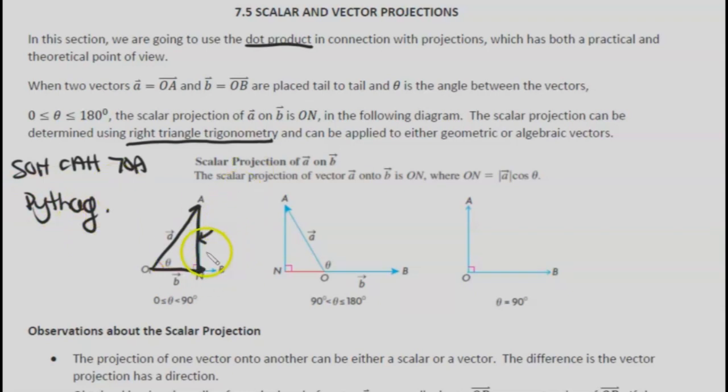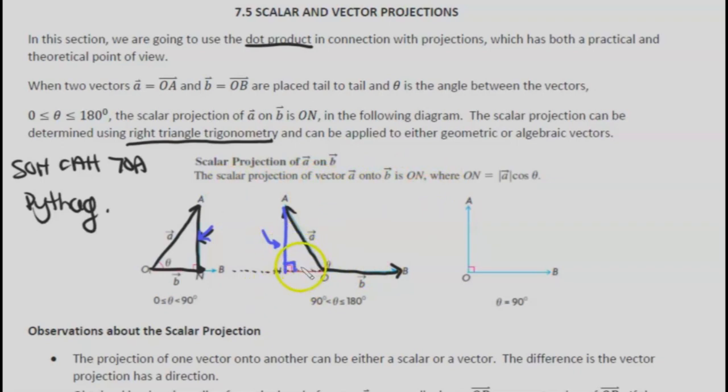This one, you can't see it as much, but if we had an obtuse angle here with vector A and vector B, we would extend vector B into the opposite direction, and this perpendicular here would be the projection of A onto B. So the scalar projection of vector A onto B is ON.